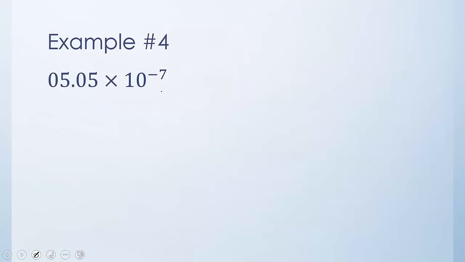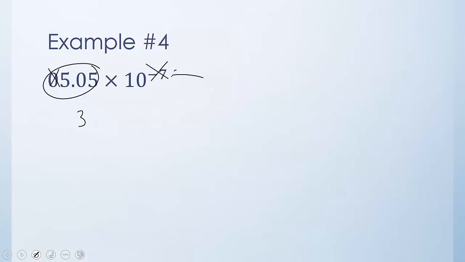How about this? 05.05 times 10 to the minus 7. Here we have again our coefficient and our exponent. So we have to remember to only look at this portion of the number. We discount the exponent. Of course, it's still there, we just don't consider it for sig fig purposes. And so again, the 0's placeholder, and we say that there are 3 significant figures in this measurement.